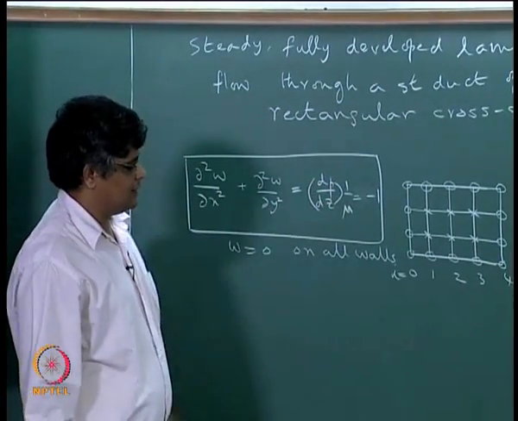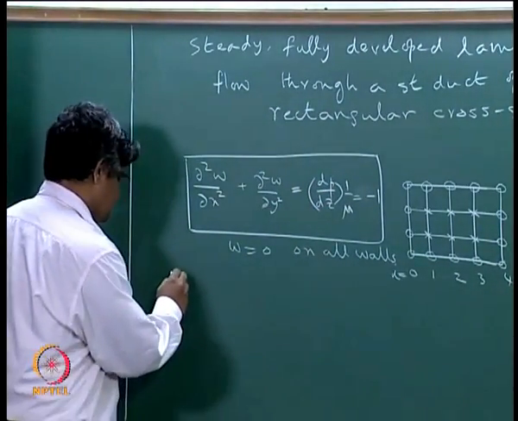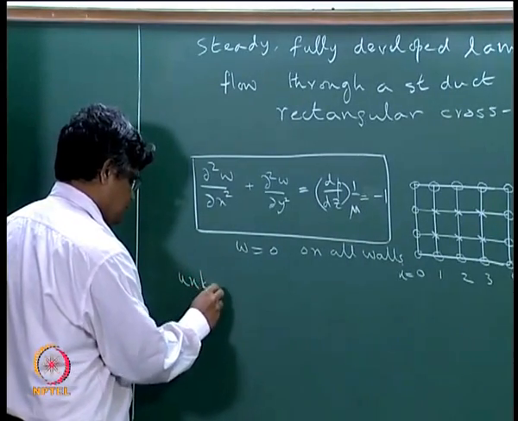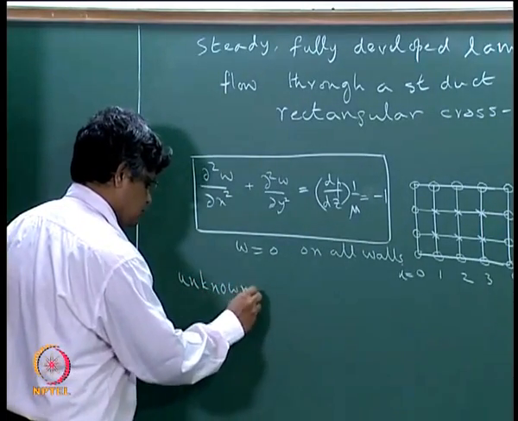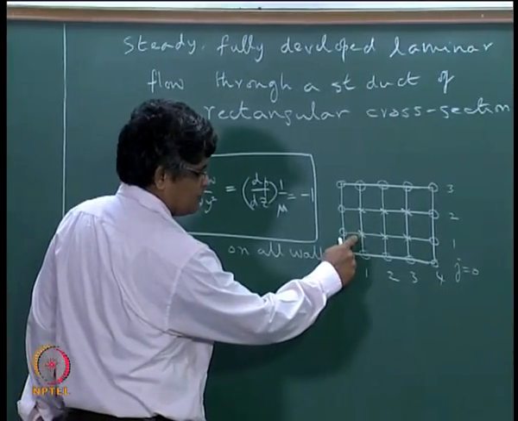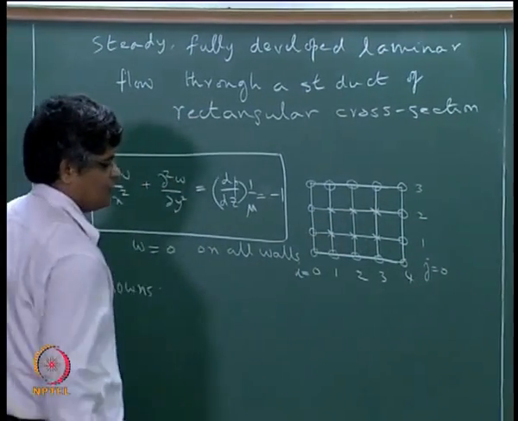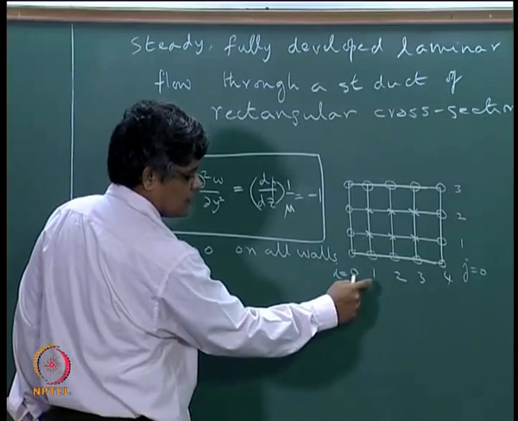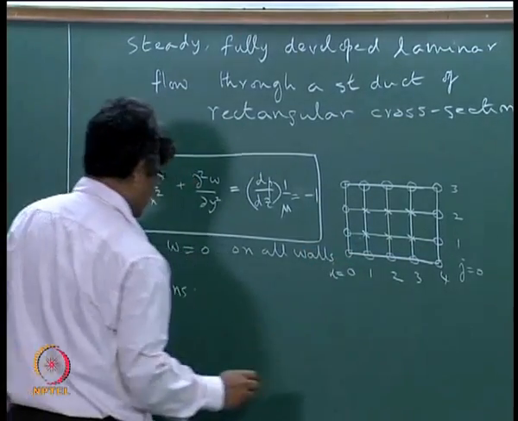So in this problem, the unknowns can now be listed. These are the values of W at these 6 points, and we can identify them with the i index and the j index.